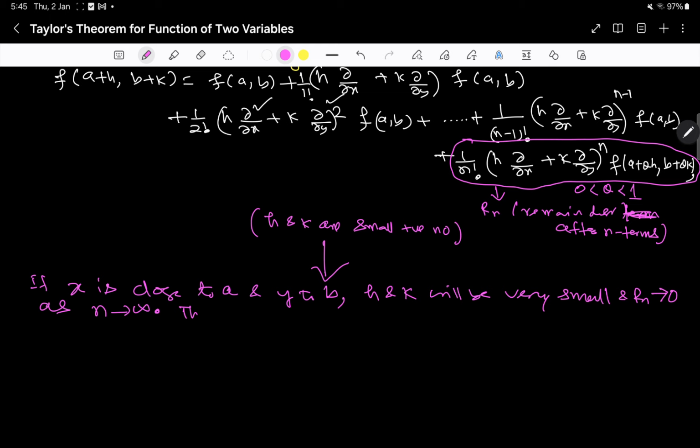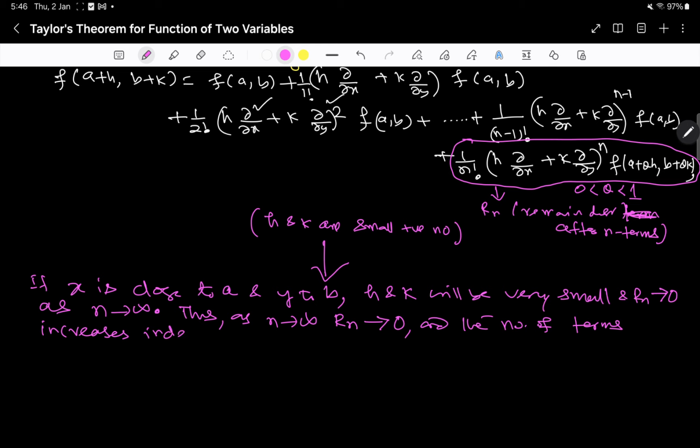Thus, as n tends to infinity, R n tends to 0, and the number of terms increases indefinitely.